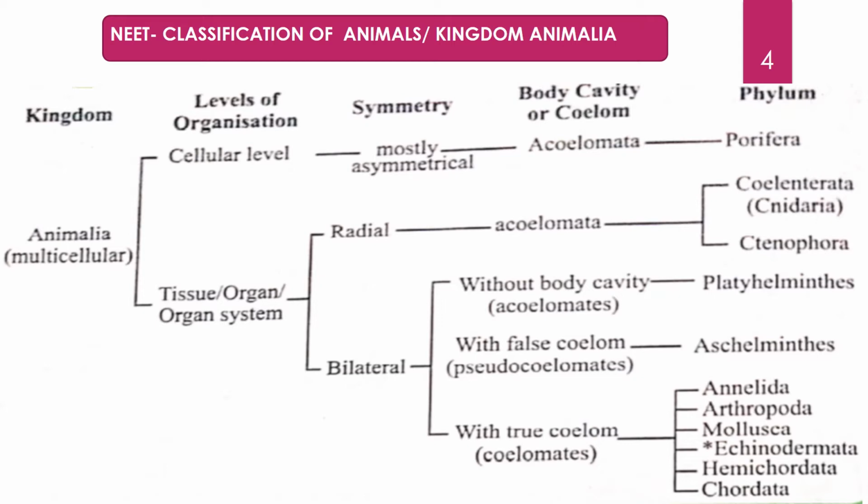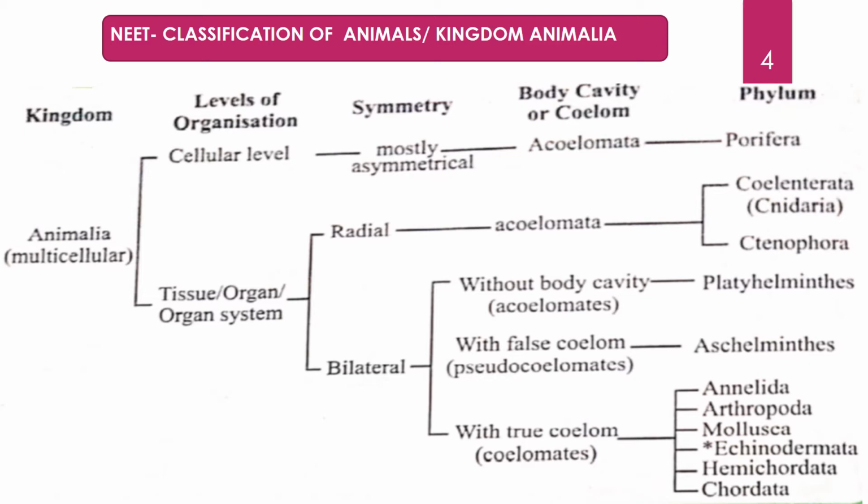The first is the cellular level of organization, wherein there is an aggregate of cells, but the cells do not come together to form tissues. These animals are poriferans, that is sponges, which are mostly asymmetrical and do not have any body cavity, hence they are also included in the group Acoelomata.